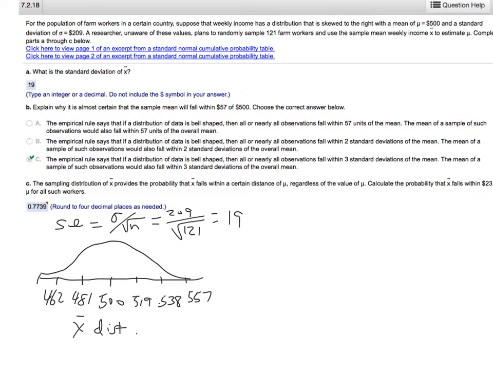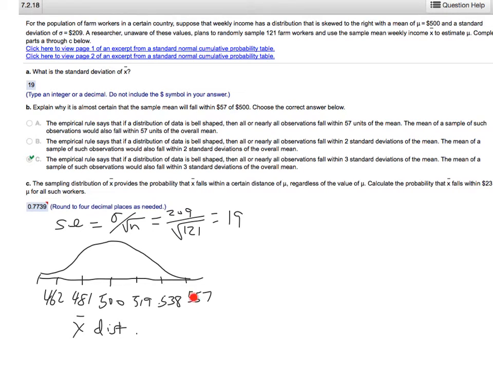Okay, so this explains why it's almost certain that the sample mean will fall within this range. This is based on our empirical rule. All of these are about the empirical rule. And remember, the empirical rule said almost always the value will fall within 3 standard deviations of the mean. And so this 57 is not just coming out of nowhere. 57 is actually 3 standard deviations.